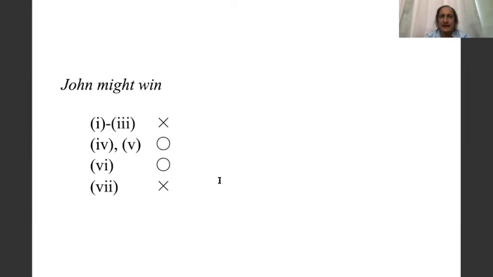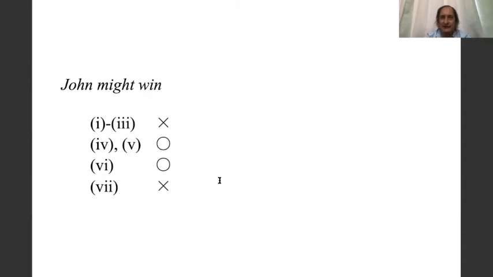So in that sense, John doesn't have the ability to win, but since I don't know that, I think he might win. Okay, the might can't be used to say he has the ability. In this situation, we couldn't say John might win.